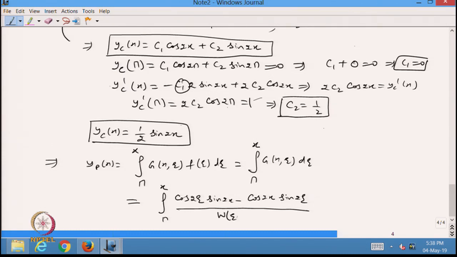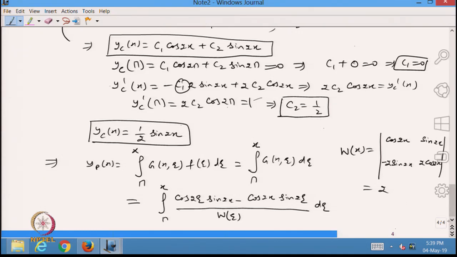So, the Wronskian, I know, in this case will be the determinant with cos 2x and sin 2x in the first row, and minus 2 sin 2x and 2 cos 2x in the second row, and that value will be equal to 2. So, in this case the Wronskian is equal to 2. Generally we take the positive value if it is coming negative.